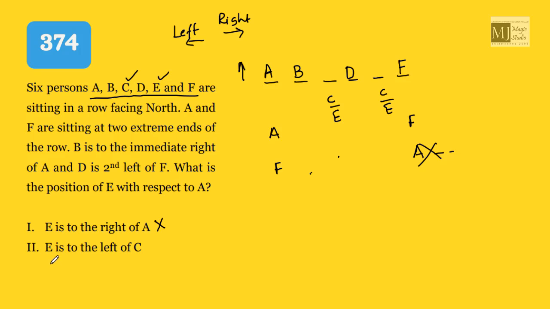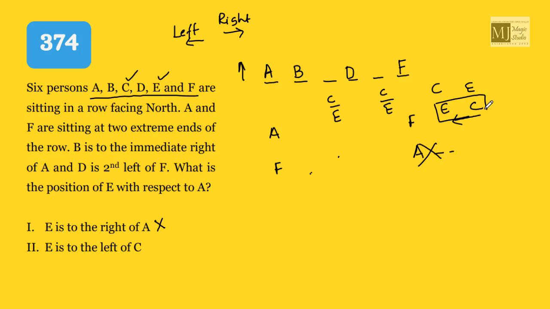Now statement 2 says E is to the left of C. That means we have only two combinations left with C and E, that is either CE or EC. But it says that E is to the left of C. That means this combination best fits in.